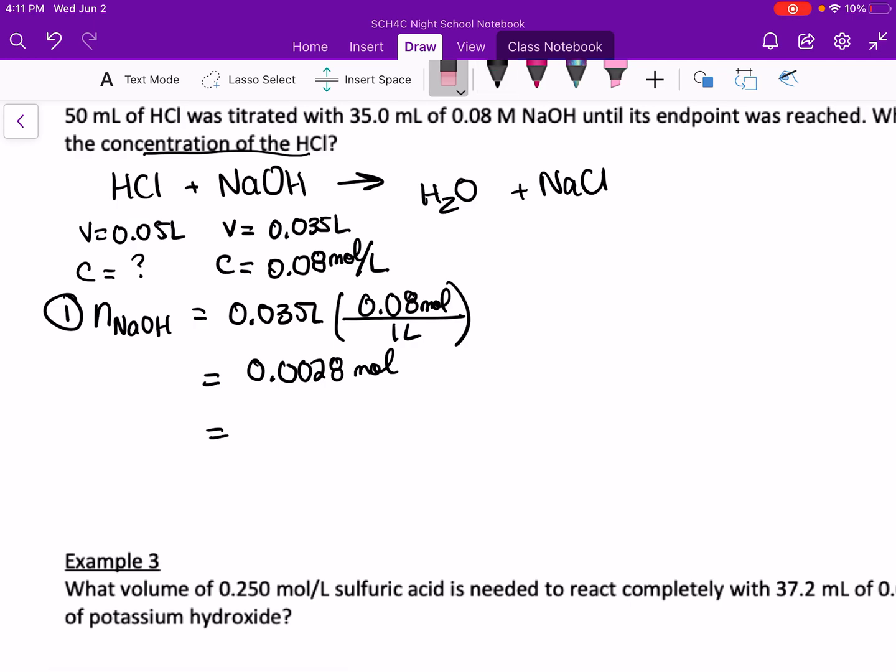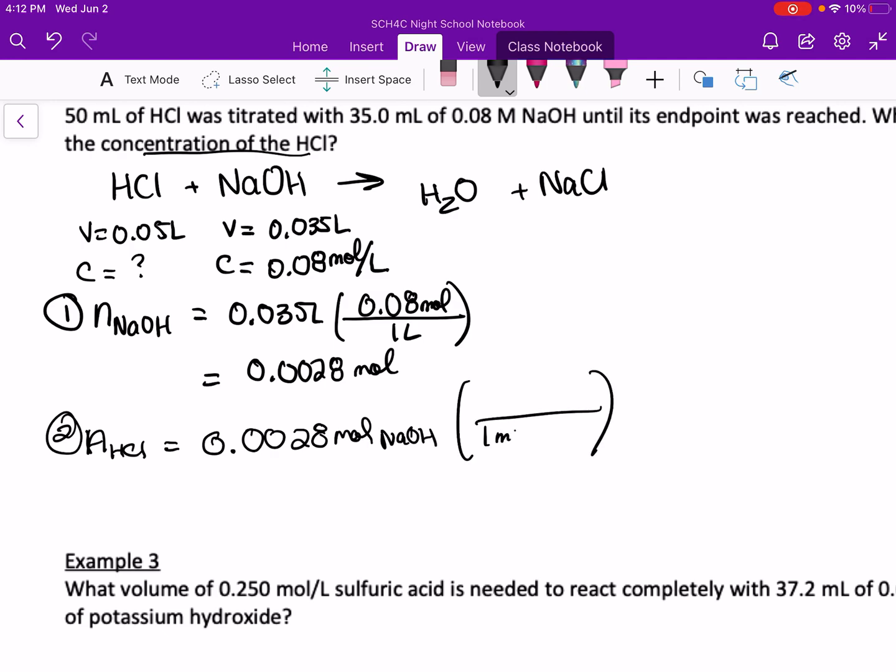Next, we want to find the moles of our acid, and we're going to do this using the mole ratio. I have 0.0028 moles of NaOH, and I have 1 mole of NaOH for every 1 mole of HCl.